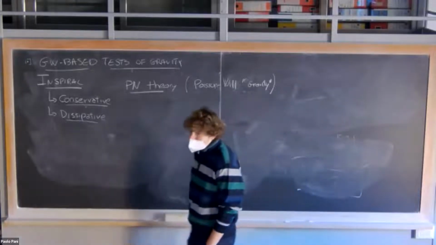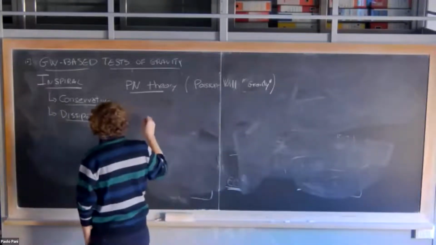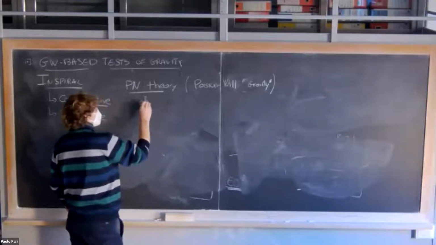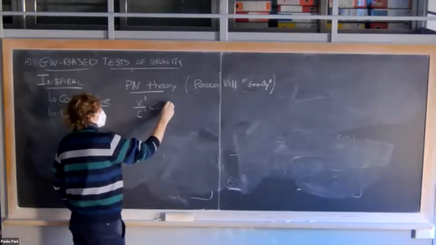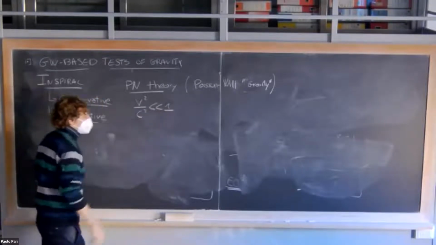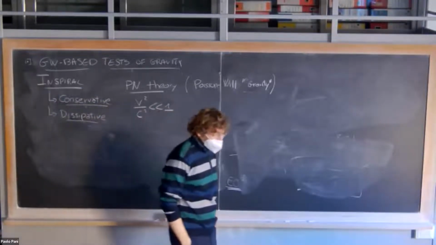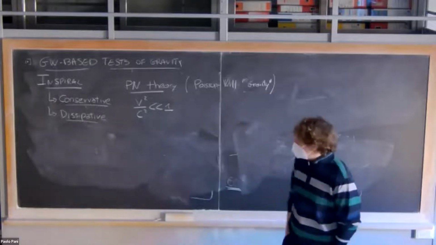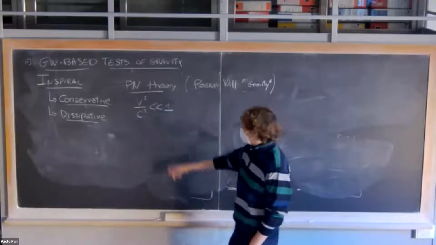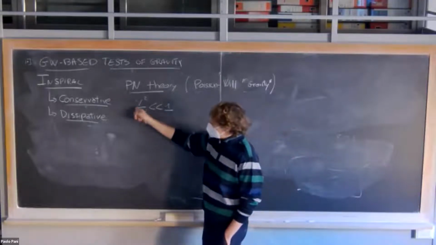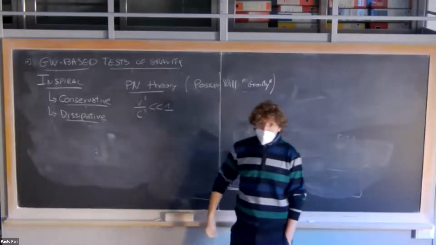And the idea is to solve Einstein equations, as I was saying before, in an expansion when the orbital velocity v is much smaller than the speed of light, c, and the typical expansion parameter, which in fact also counts the PN order of the terms, is the dimensionless ratio v squared over c squared.